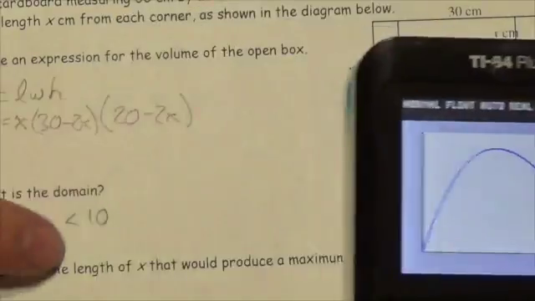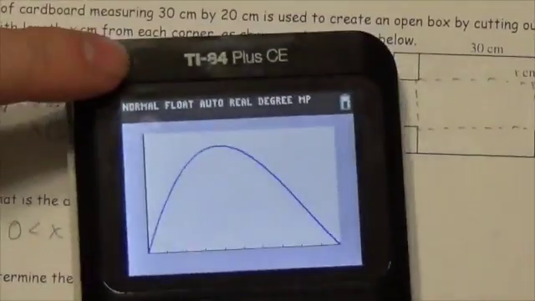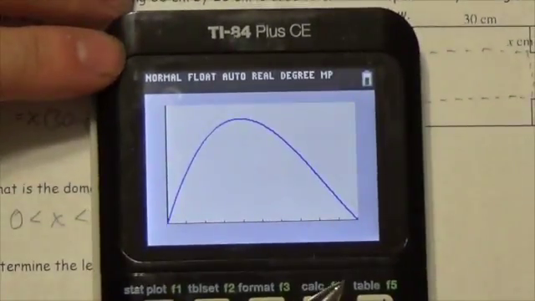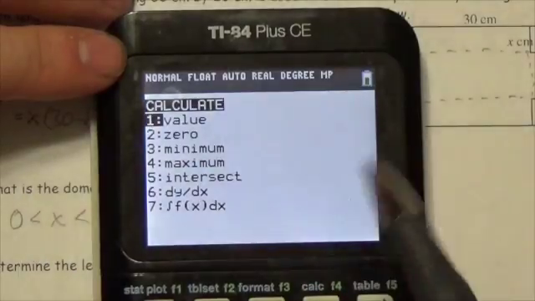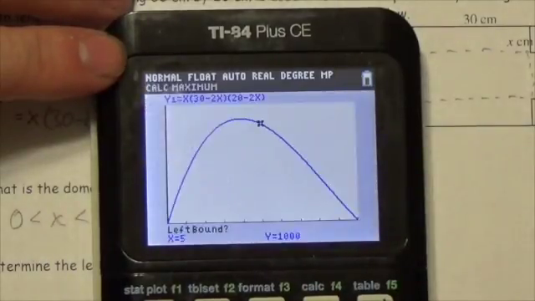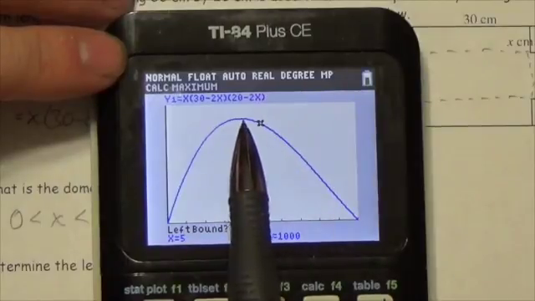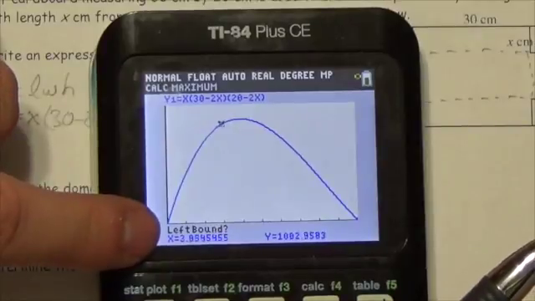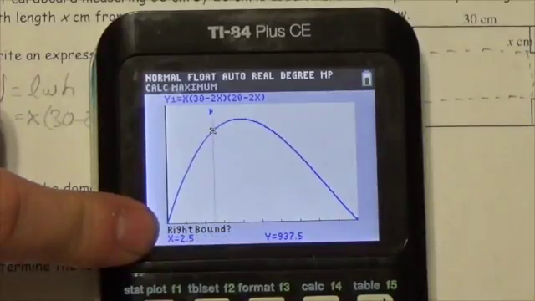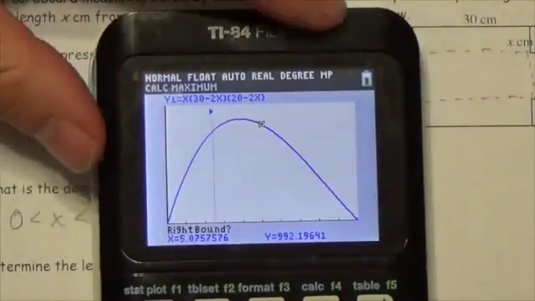So determine the length of x that would produce the maximum volume. Okay, so second trace gets us into the calc menu, and there's our maximum feature. So we'll come down here, choose maximum. We're looking for that point right there. So I'm going to move my cursor to the left of it because I'm being asked for a left bound. Press enter. Move my cursor to the right, move it past the maximum.